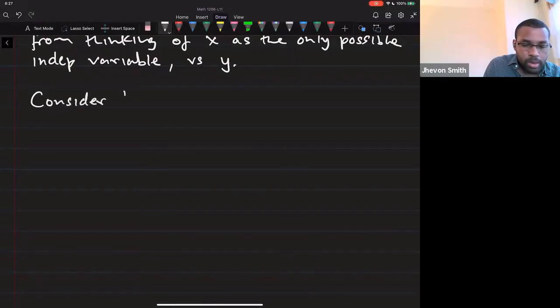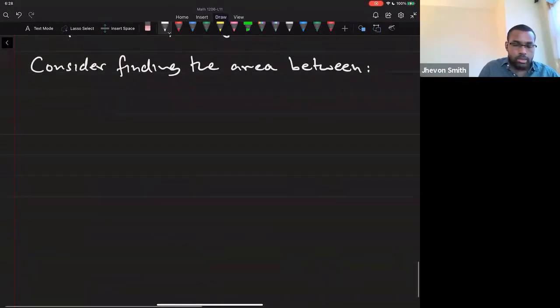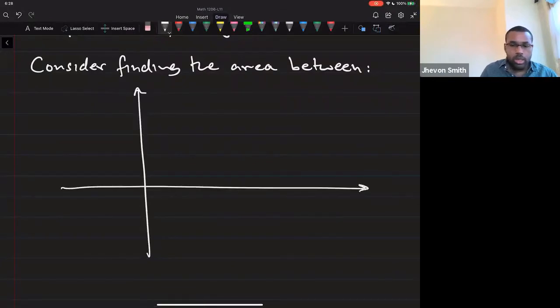Consider finding the area between something like this. So I'm just going to describe a picture to you. I'm not going to really give you a function. So it's like a parabola, but a sideways parabola.